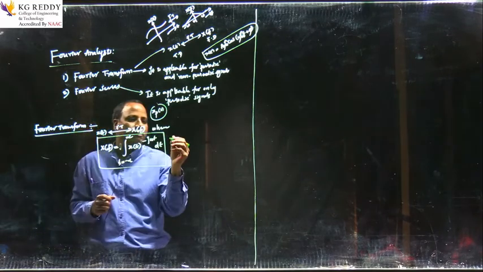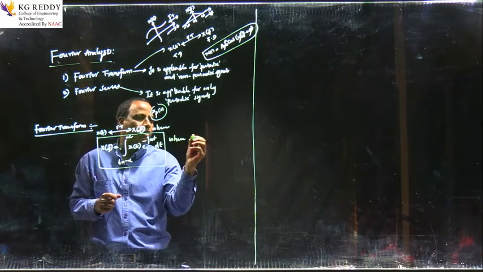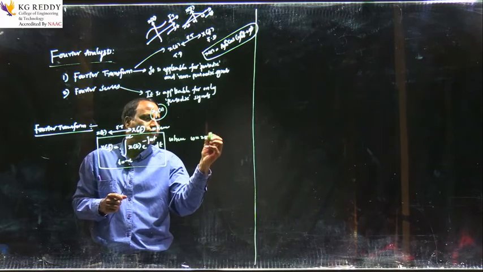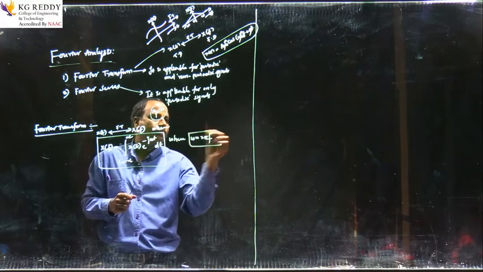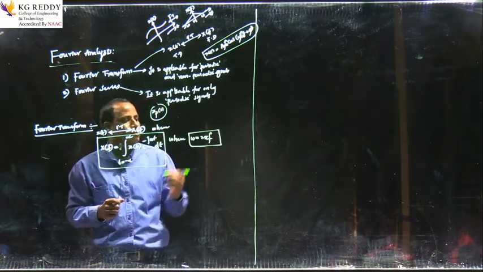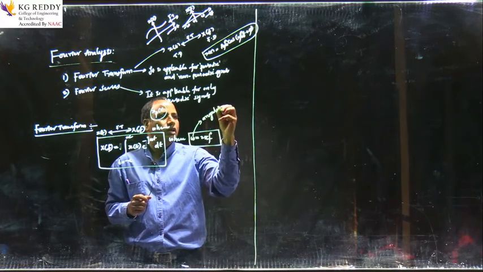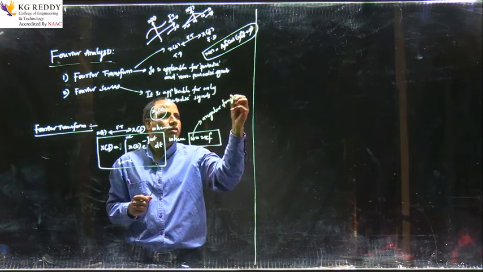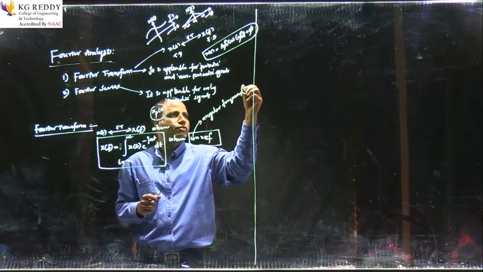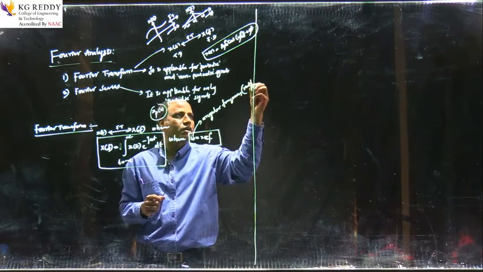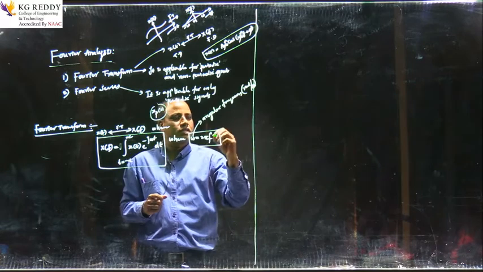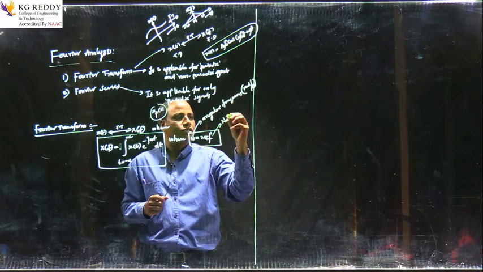Where this omega is equal to 2 pi f. Omega is nothing but angular frequency. The units for angular frequency are radians per second, whereas this f is the natural frequency.